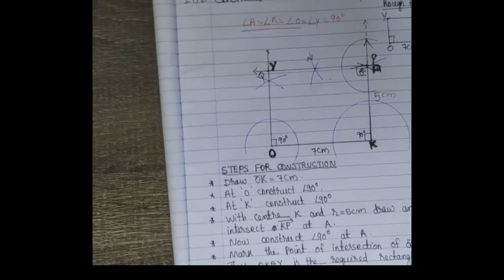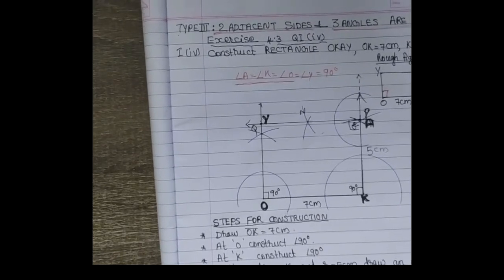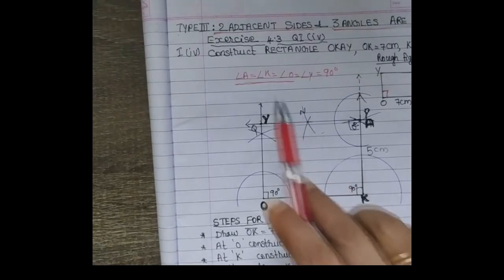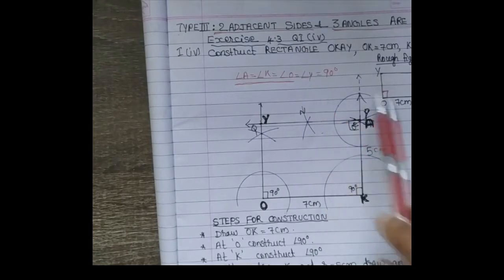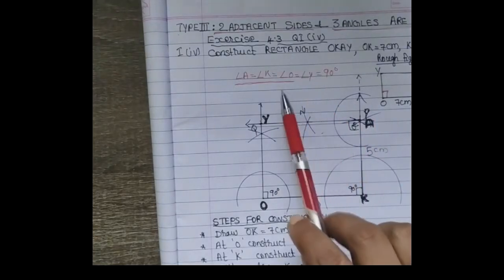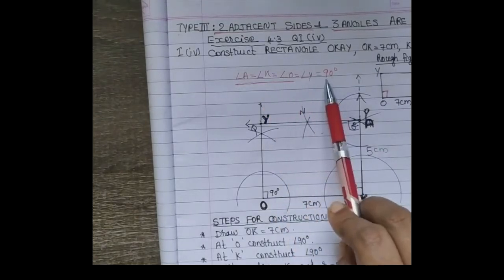So here children, we are constructing a rectangle with 2 adjacent sides and 3 angles given. Here we have only 2 adjacent sides, but by using the property of rectangle, we construct the rectangle. All angles of a rectangle are equal and it is of 90 degree.